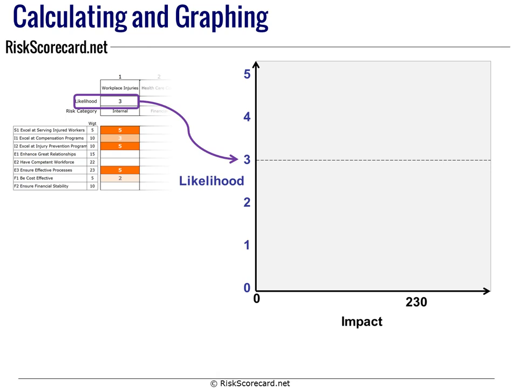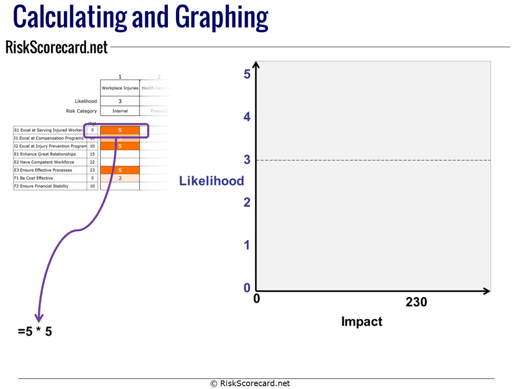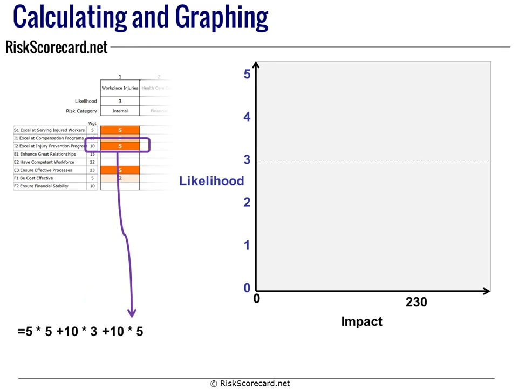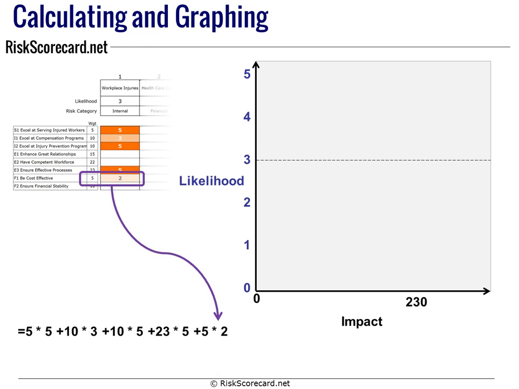Then to calculate the impact, it's basically the weighting times the impact. In this case, a 5% weighting times a 5 impact, plus a 10% weighting and a 3 impact, plus another 10% weighting and a 5 impact, a 23% weighting times a 5 impact, and finally plus a 5% weighting and a 2 impact.